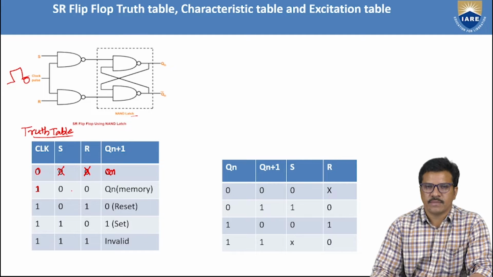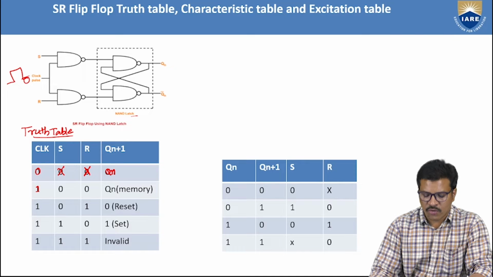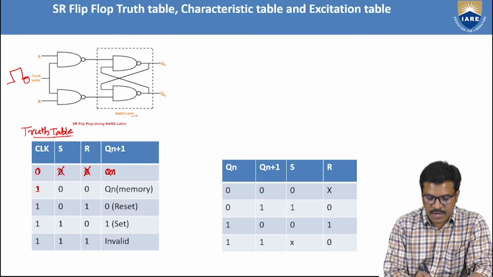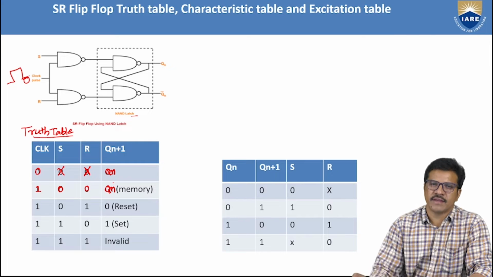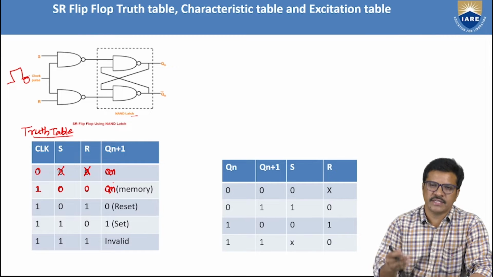Then we can observe what the next state of the SR flip-flop will be for different combinations of S and R. When the clock is high and S is 0 and R is 0, the output will be the present state only. The next state will be the same as the present state. It remains in the present state.